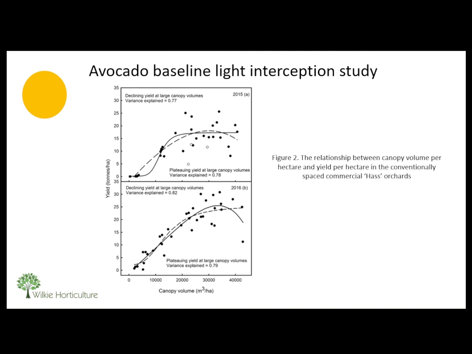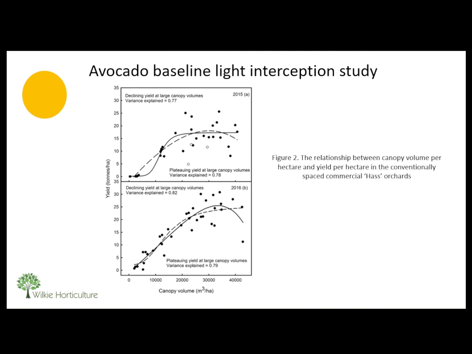In any case, as we go from low canopy volumes per hectare and increase, so after planting, as the canopy volume increases over the first years, we also get a strong increase in yield per hectare. I'm sure I'm not telling you anything you don't already know there.